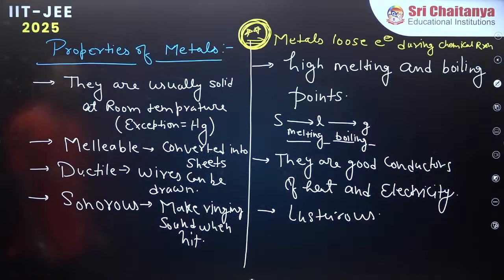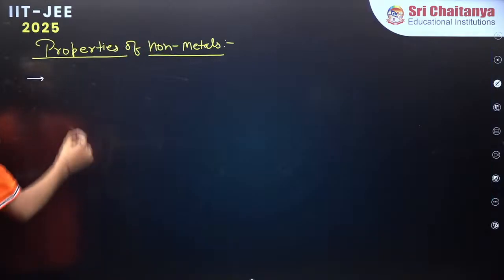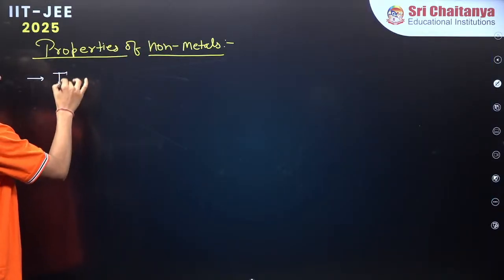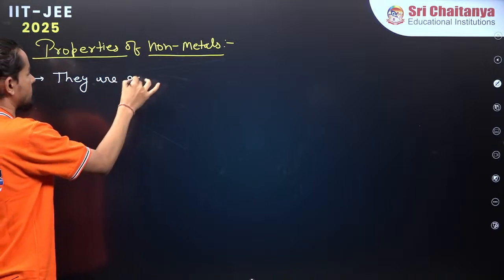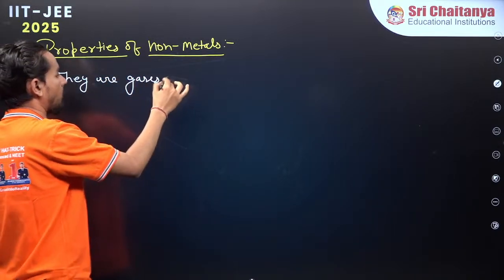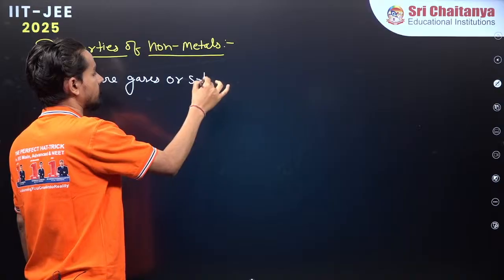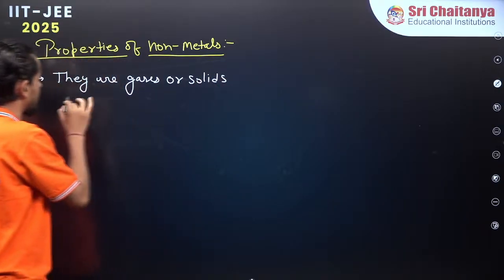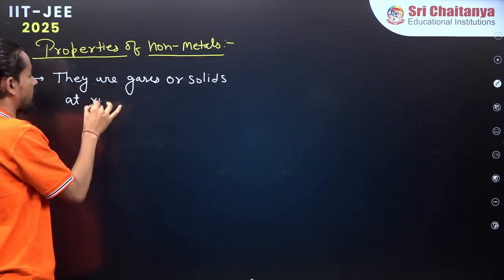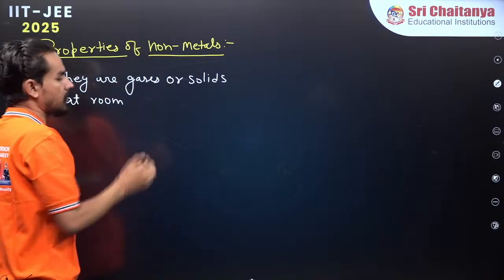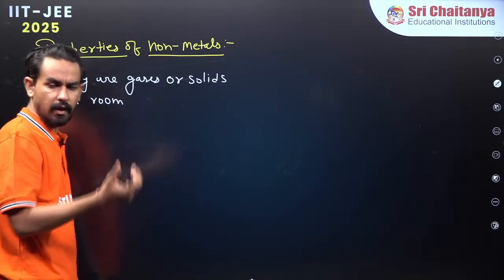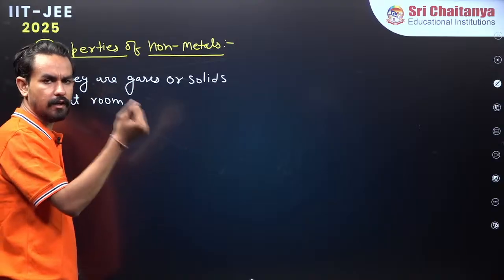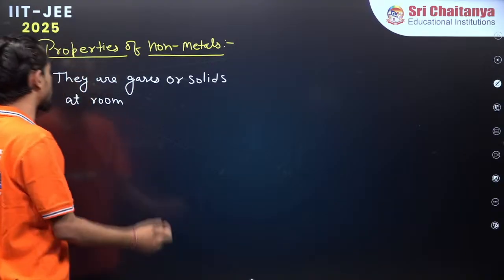They are usually gases or solids at room temperature, but they are not strong solids, they are very weak solids. They can become powder very easily. If you put them in your hand and try a little bit force, they will become powder.